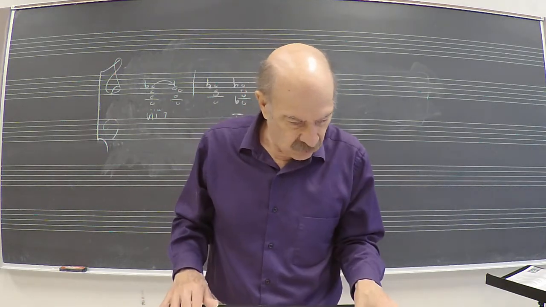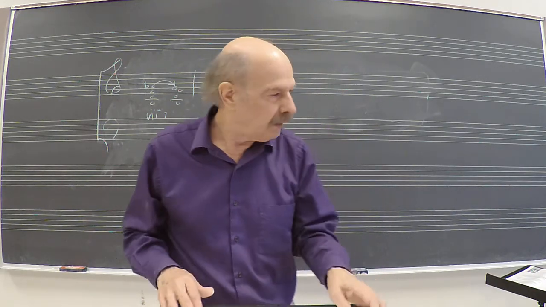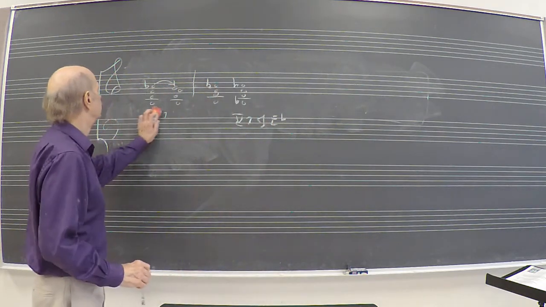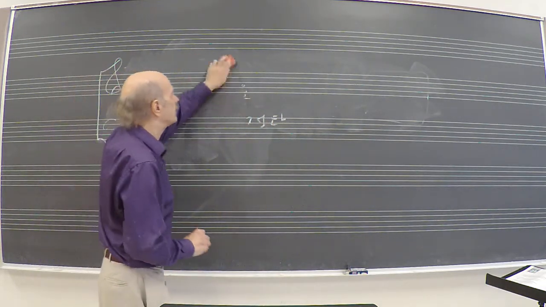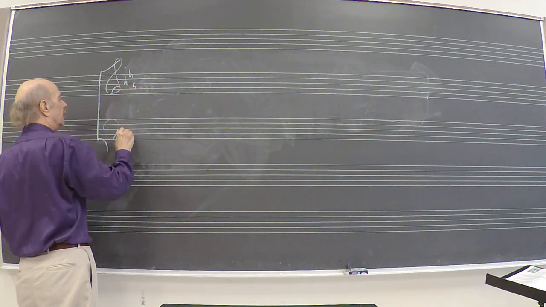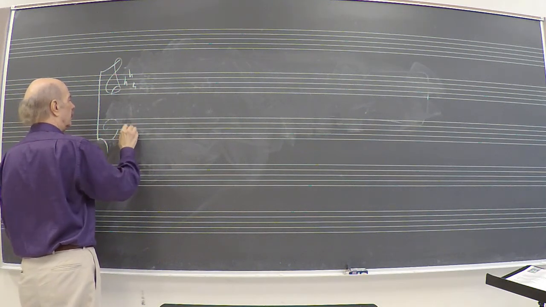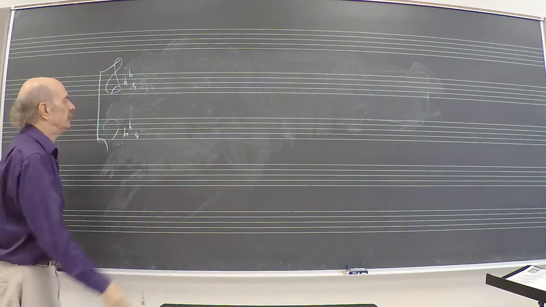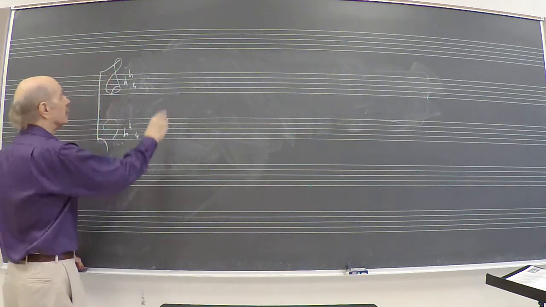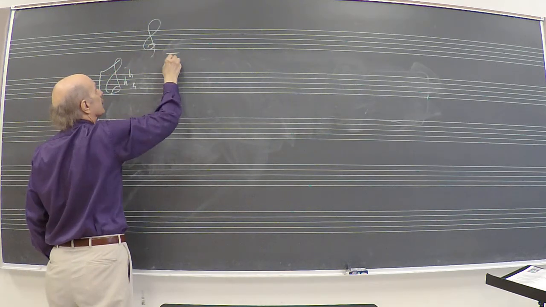I did want to show you one thing about a particular inversion, and that's the 4-2. Go back to C minor, let's say, since we're looking at that as the starting point. Let's put this chord, remember the chord we're talking about is this.